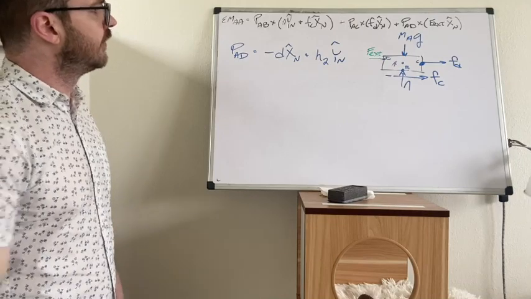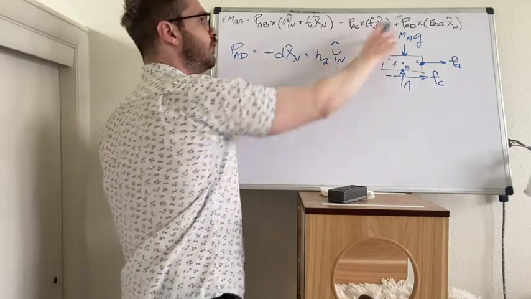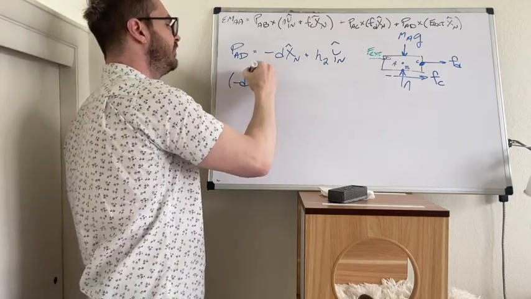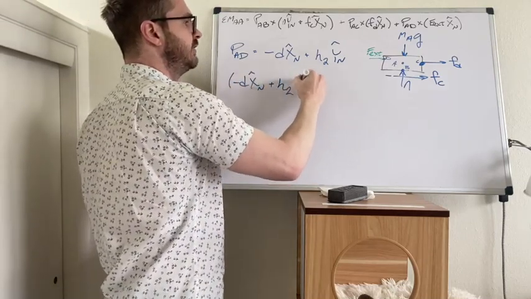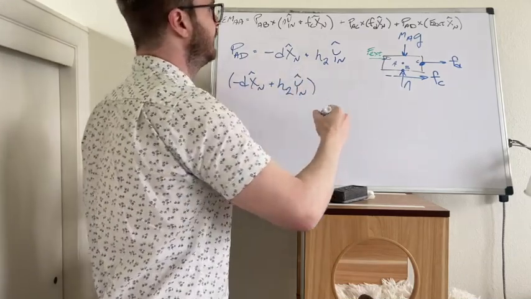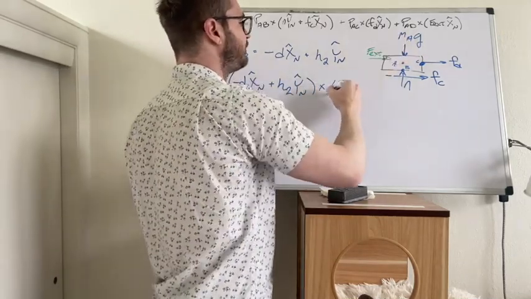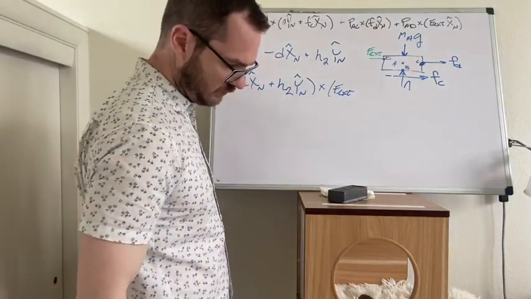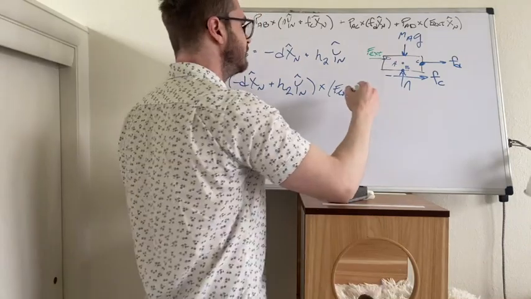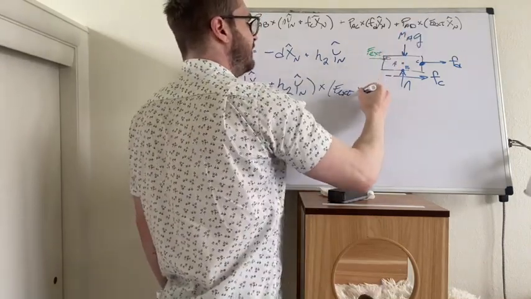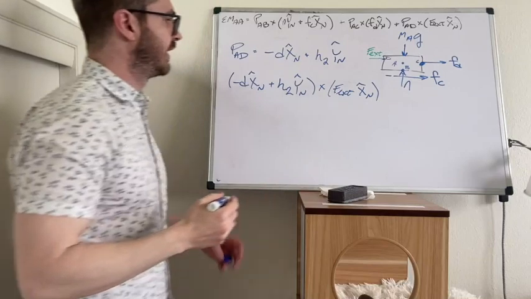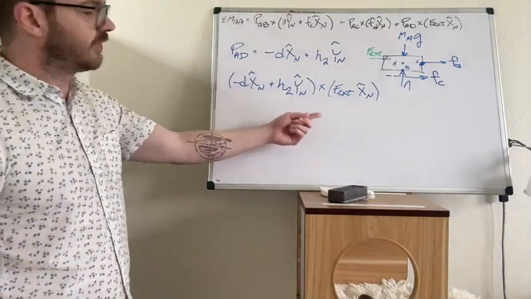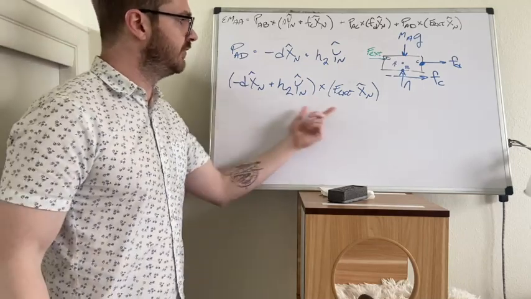Okay, so here's our position vector. We're going to put it up there. So let's say minus d x hat n plus h2 y hat n cross F external in the x hat n direction. Okay, we can resolve this. We know again that we can distribute these, right?